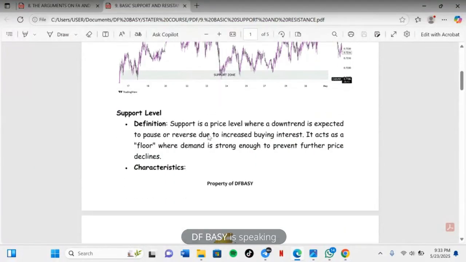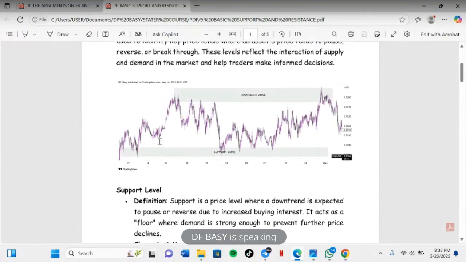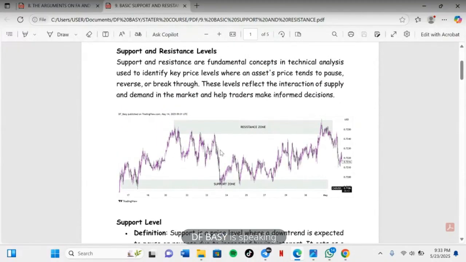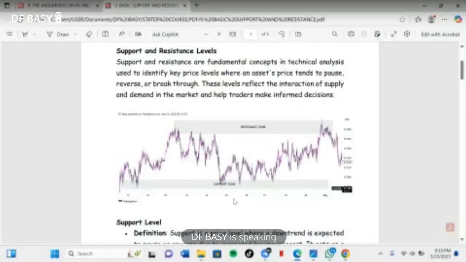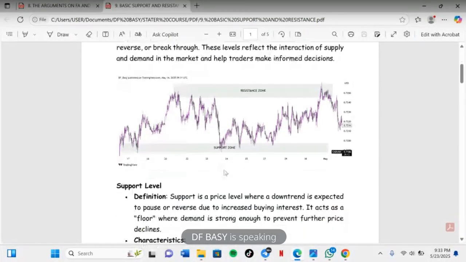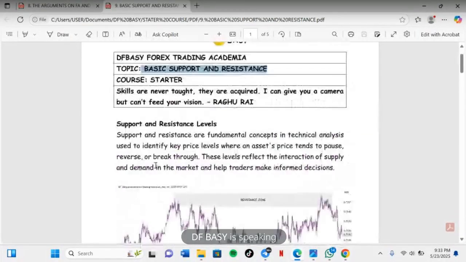The two are just interchanged but have different names. Support is where price holds at a demand zone, while resistance is price holding at a supply zone. So you buy at the support and sell at the resistance. Buy at the demand, sell at the supply. Right? All right. So support and resistance.